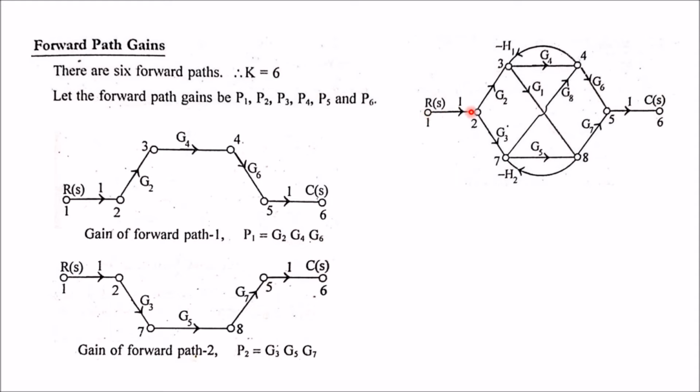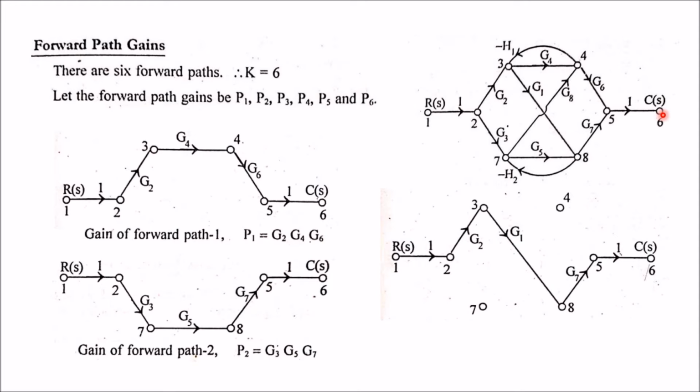If you go from here to here, here to here, and then here, you reach from source to destination, and no node is actually traversed twice. So this can also be a forward path. Here node 4 and node 7 have not been traversed.